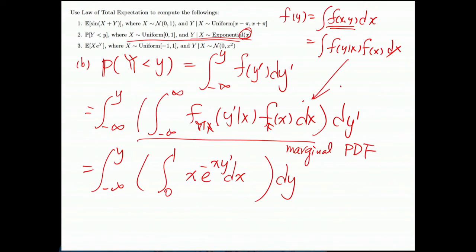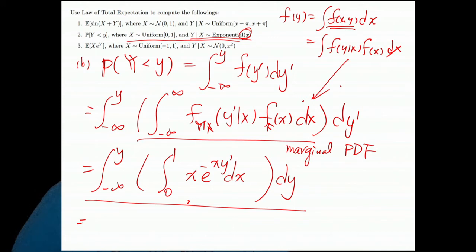Then I have already simplified to here, so you can take the integration by parts to find this integration, and then finally find dy. Okay.